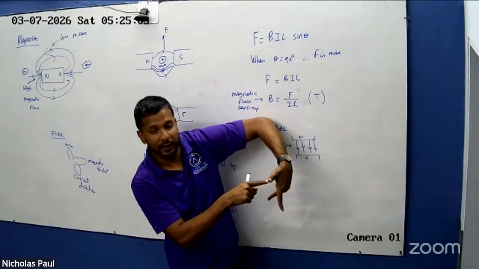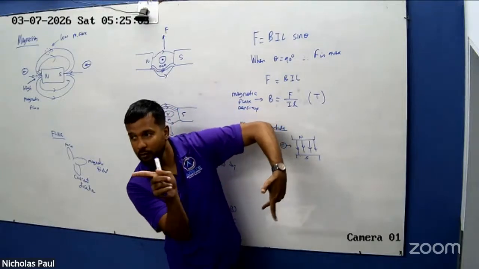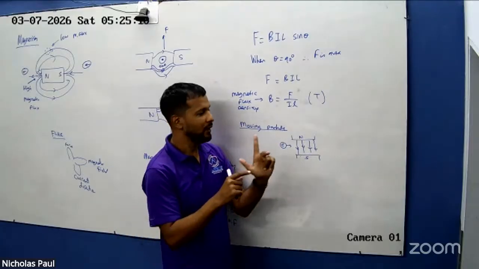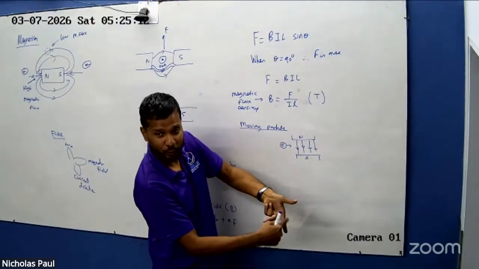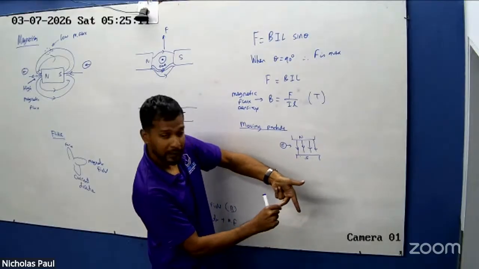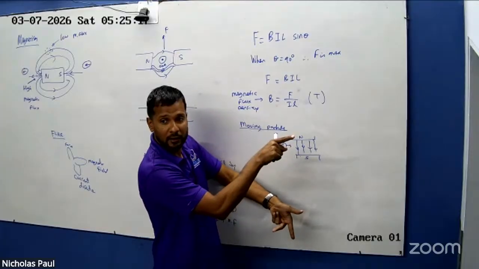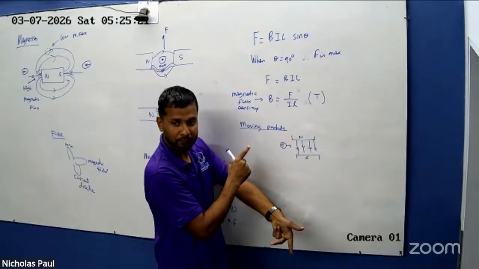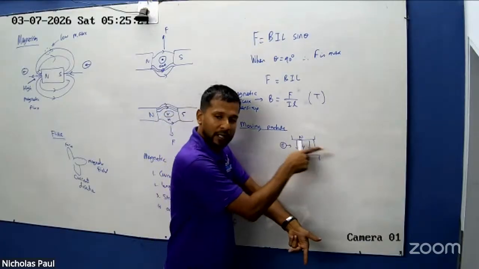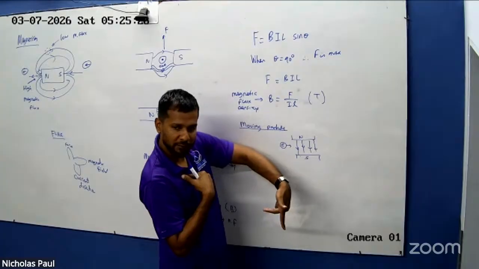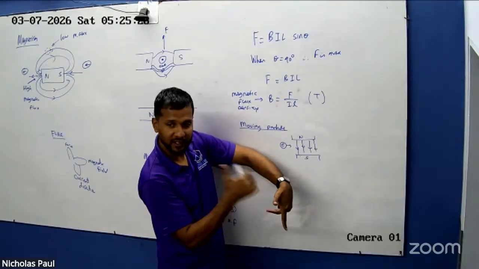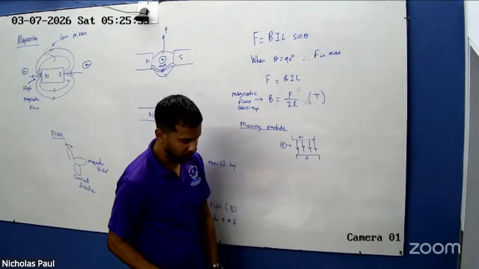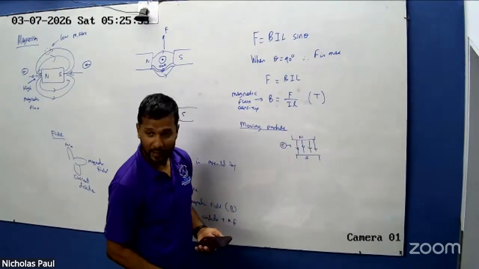So how will the electron move? Watch here. The electron is going that way, so the current direction is towards me, and the force is out. So it's coming out like that.